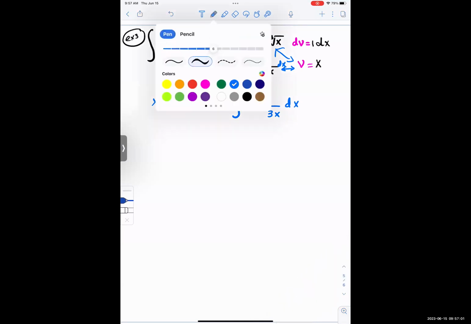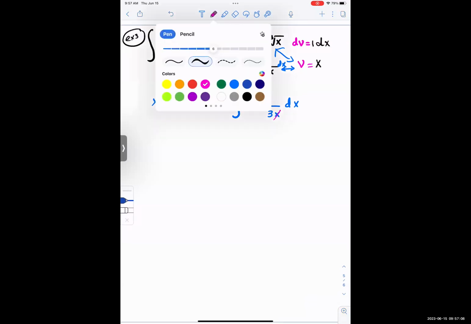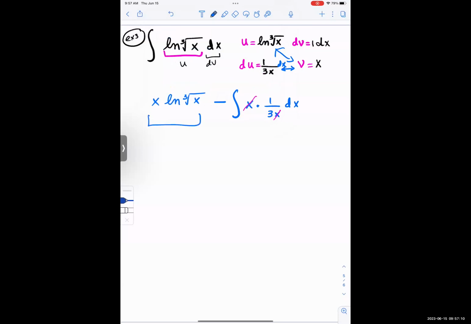Okay. And here is the beauty, x and x cancel. So I rewrite the first one, x ln cube root of x, minus the integral of just 1 dx. What is the integral of 1 dx? Excellent.